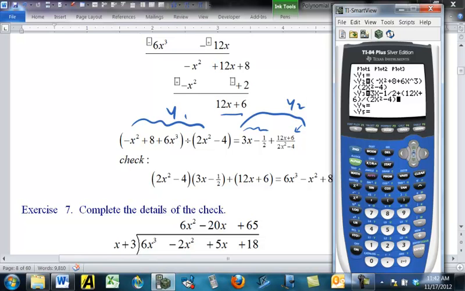If everything's right, these tables should match up. And look at that, they do. So good deal there.